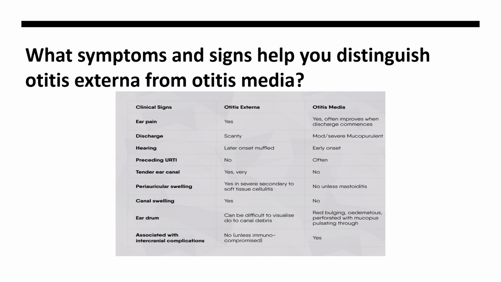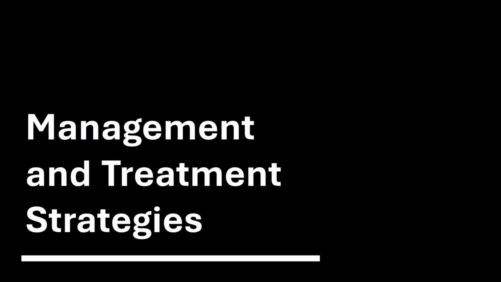Why am I discussing this? Because at this point, you should know whether you are dealing with media or externa, because if you ignore the case, it can turn into a severe complication, which we will discuss later. So what are the management and treatment strategies generally and as per our case, which I'm discussing with you?